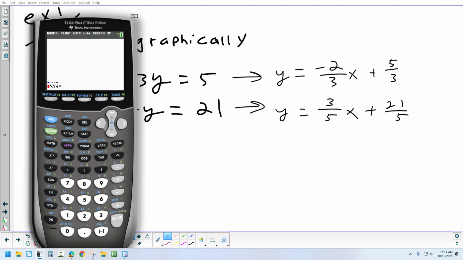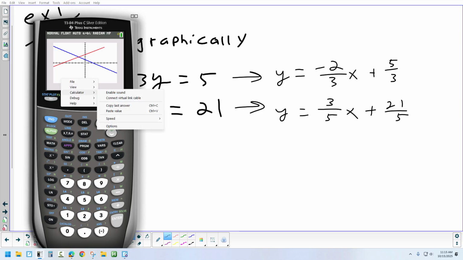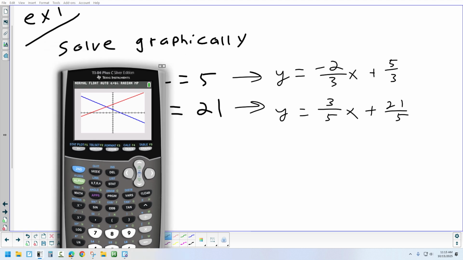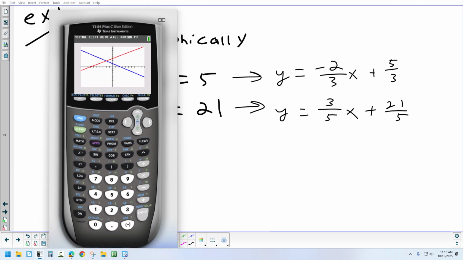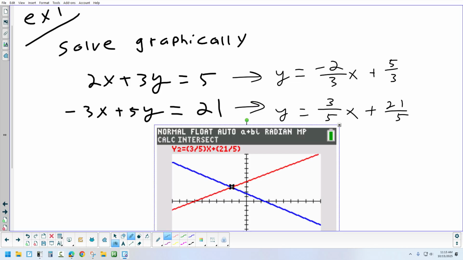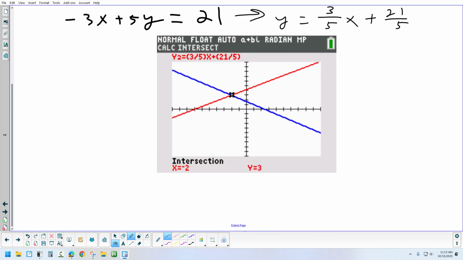Looks good. Do zoom 6. Here's my first line. Here's my second. And what are we looking for again? Where they intersect. So second calc, intersect. You could write your answer like that, or you could write your answer as a quarter, -2, 3.